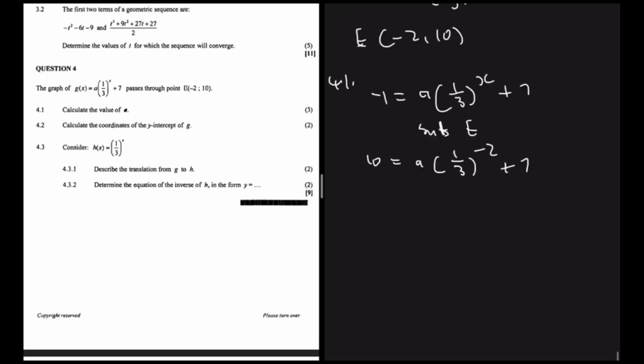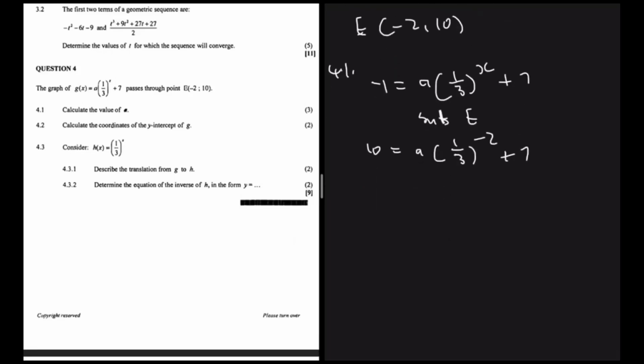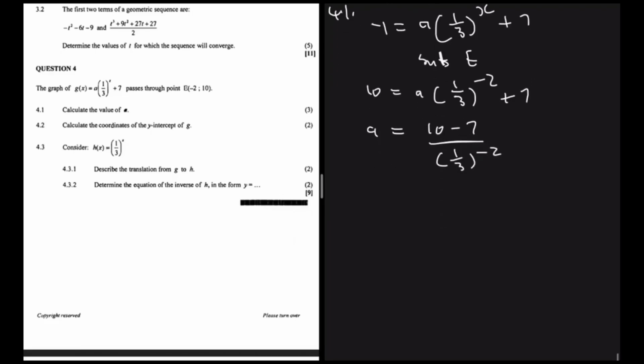Plus 7. So if we solve for a, we're gonna get a equals to 10 minus 7, right? So I took 7 to the left hand side, and then I can divide by 1 divided by 3 to the minus 2. And then if you put this in your calculator, you're gonna get a equals to 1 divided by 3.